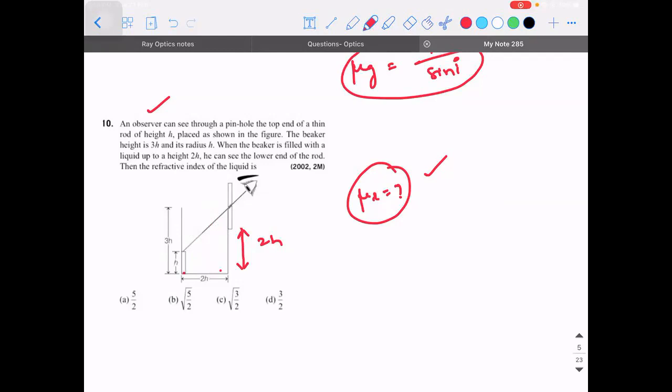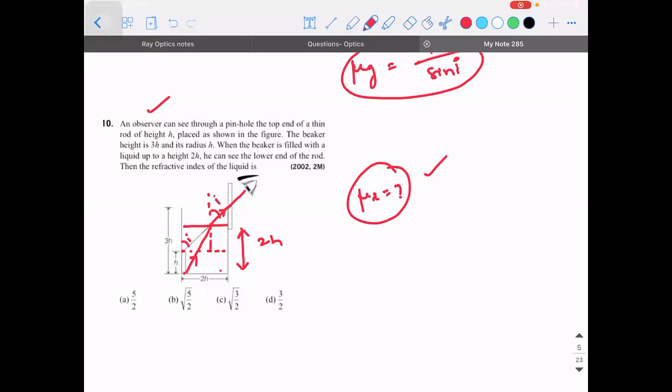See, generally, if this is a light source, I drop a perpendicular here, and let's say this is the height 2h. So he is able to see the bottom like this. If I drop a normal here, if this angle is I, then this angle is also I, corresponding angles, correct?